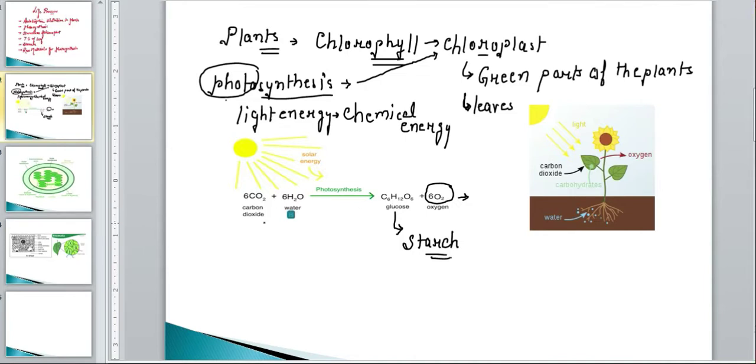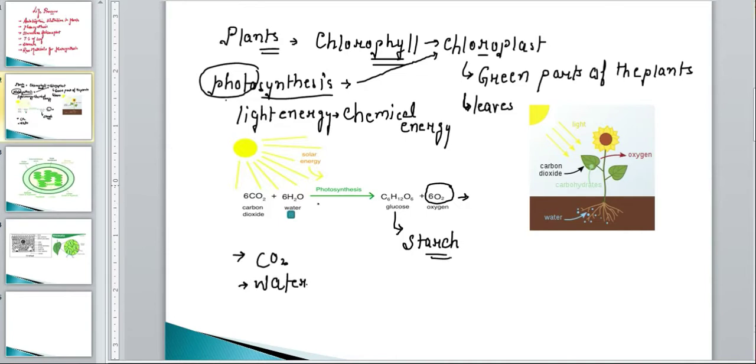So, 6CO2 plus 6H2O gives C6H12O6 plus 6O2. This is the equation. And here the raw materials which are needed for the photosynthesis are CO2 and water.